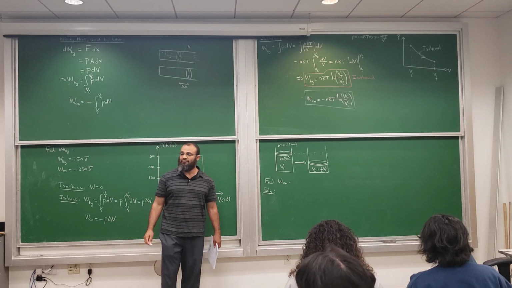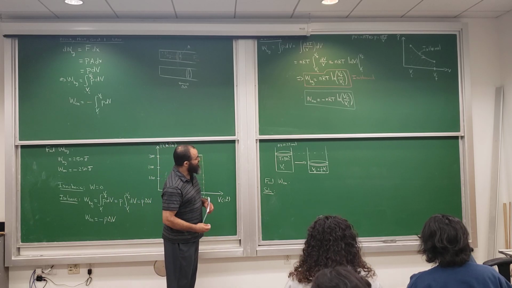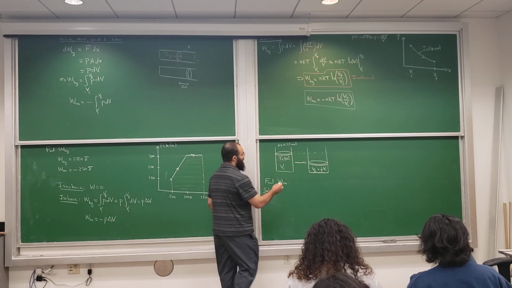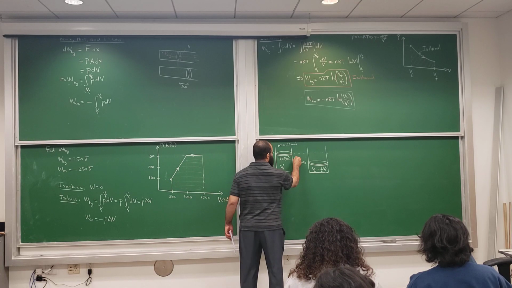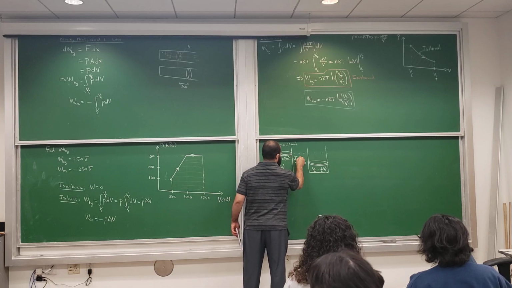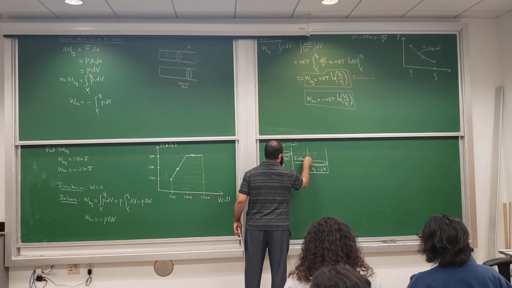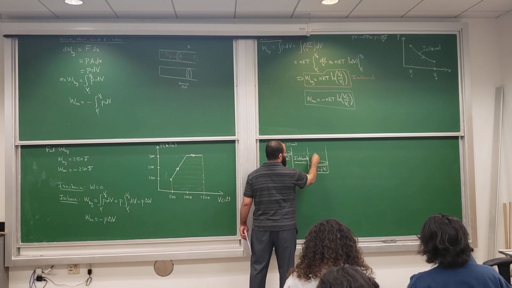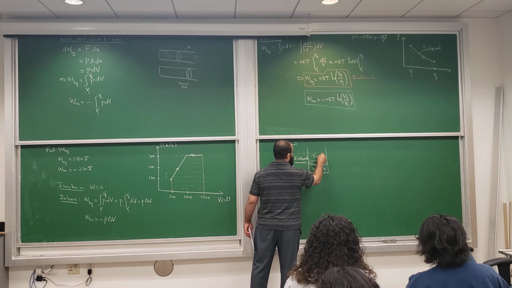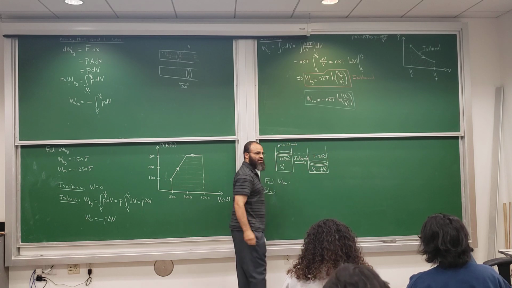Yes, it's an isothermal process. Did I state that explicitly or no? No? So let me just state it: isothermal. So if the temperature here is 80, what's the temperature here? Still 80, right? Because it's isothermal.